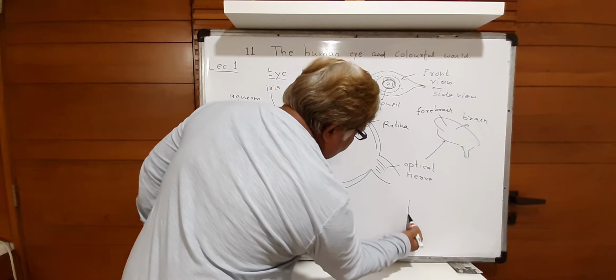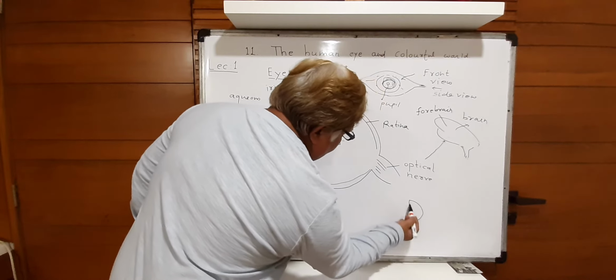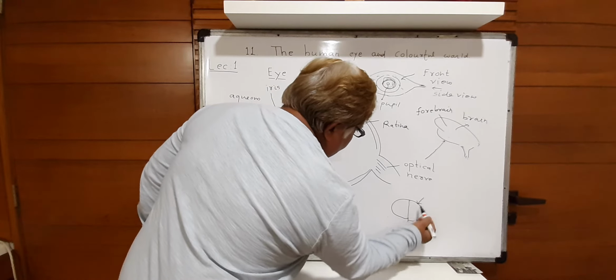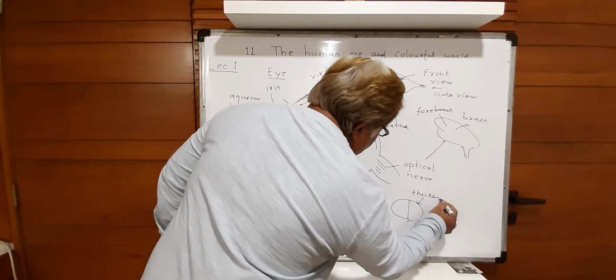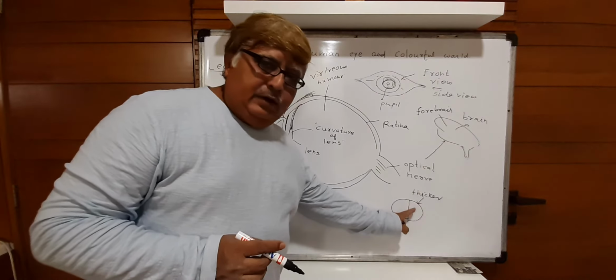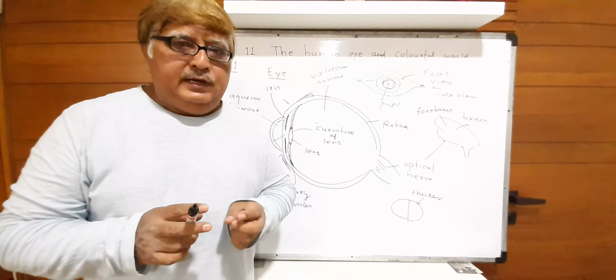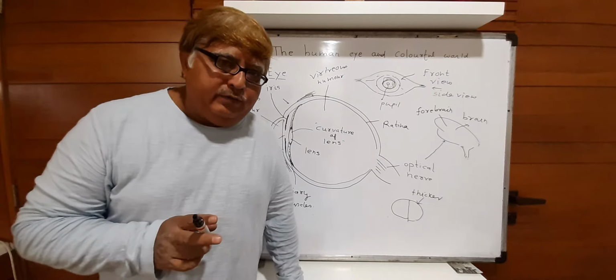See, if the curvature increases, the lens becomes thicker, which means its focal length decreases.